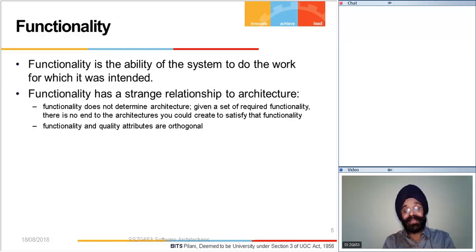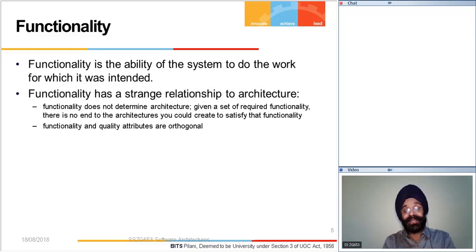Functionality is the ability to do work. I had mentioned the dotted rectangles are the core concerns for us in this course, architecture. The architect is concerned about those parts inside the dotted rectangles. Functionality does not determine architecture.